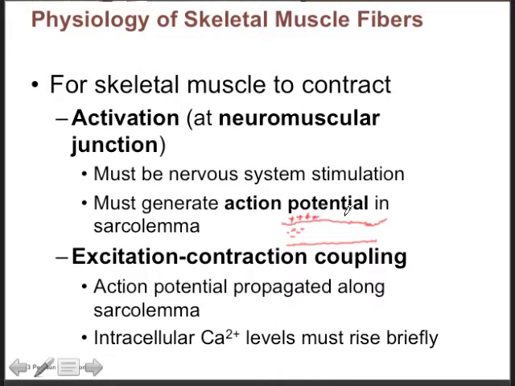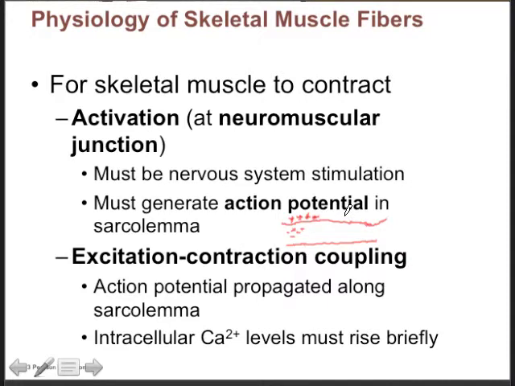That state exists because of the action of the sodium-potassium pump, which sends 3 positive sodium ions out of the cell for every 2 positive potassium ions that it pumps into the cell. In addition to that, we have leakage across the cell membrane, but the leakage is kind of in one direction.